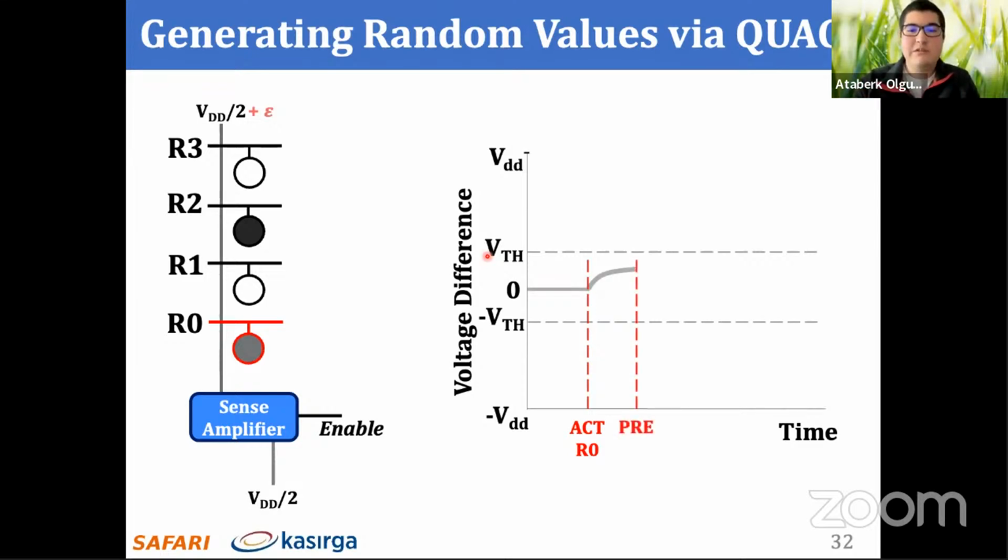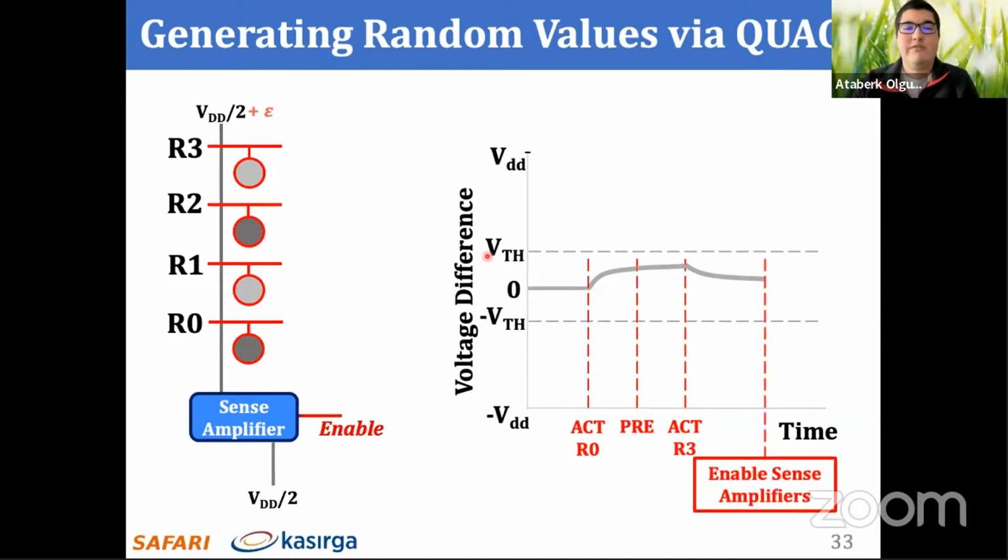Next, we send a precharge command, quickly followed by another activate command to row 3. The second activate command enables the remaining 3 rows and keeps the first row open as it interrupts the precharge process. The sense amplifier is enabled soon after the second activate command. However, since the deviation on the bitline voltage does not exceed the reliable sensing threshold, the sense amplifier amplifies the value on the bit line randomly due to noise originating from random physical processes, such as thermal noise.